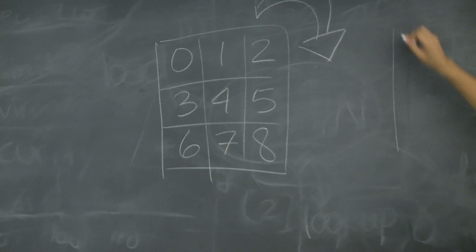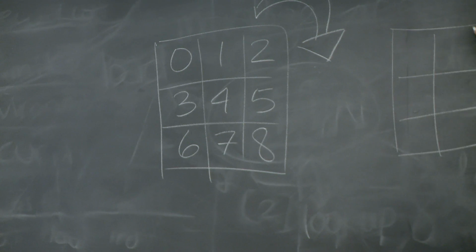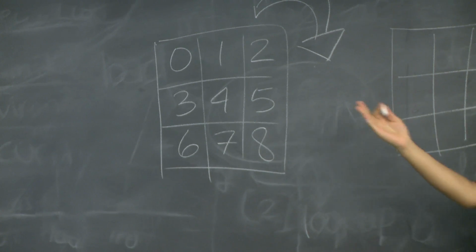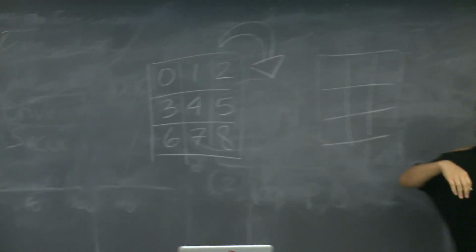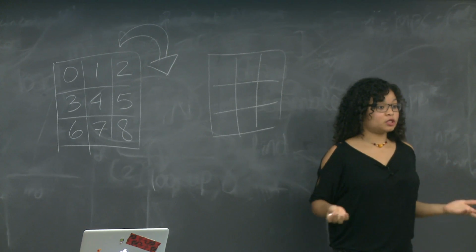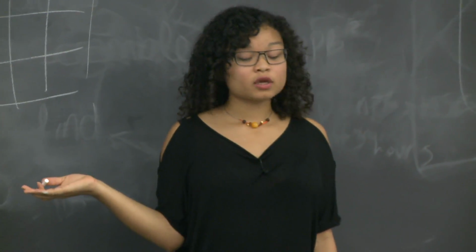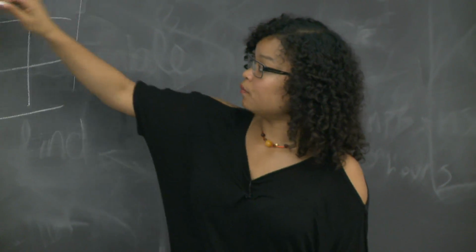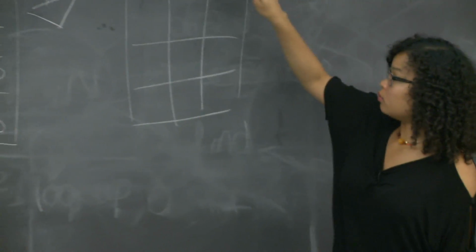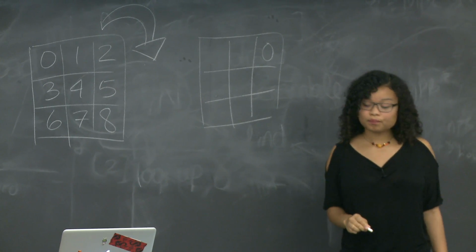We know that as a starting point, the value at 0, 0, which in this case is the number 0, is going to map to row 0, then column dimension -1. In this case, the dimension is 3, so 0 would move to row 0, column 2. So we have the number 0 there.